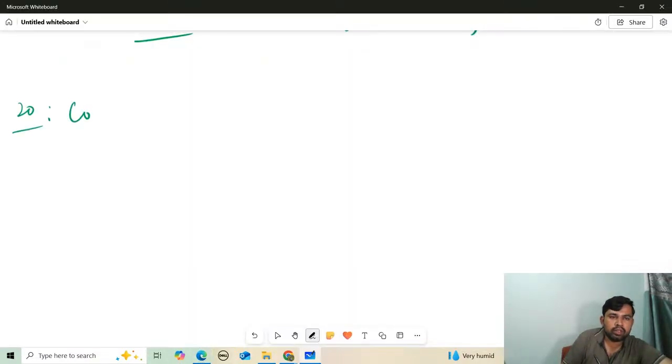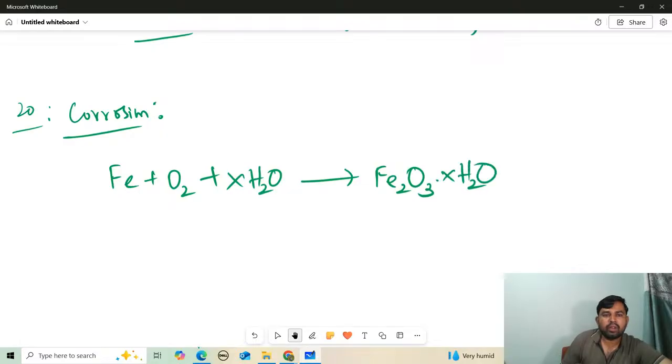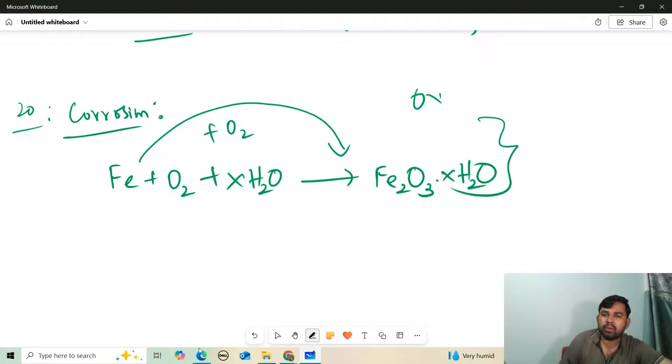So what is corrosion? Fe reacts with O2 plus H2O and forms Fe2O3 dot x H2O. So the metal is undergoing which process? Adding oxygen, the oxidation process. So oxidation of metals is generally called corrosion.